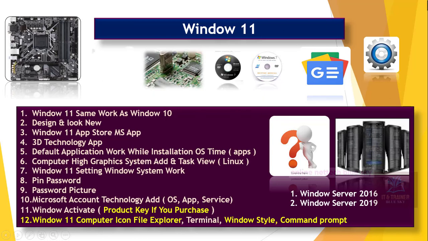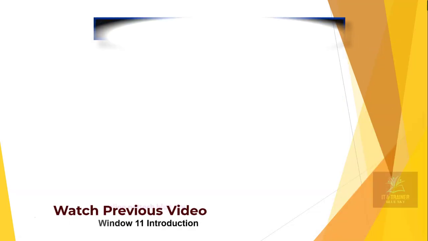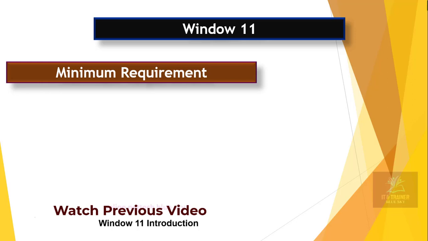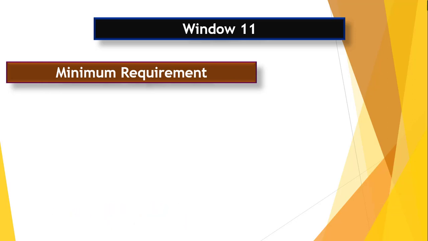Next, I start the new topic, the Windows 11 minimum requirements. Without these minimum requirements you cannot start using Windows 11 features, because Windows 11 has advanced features and is highly graphical. So what is the requirement, and how is it possible for Windows 11?